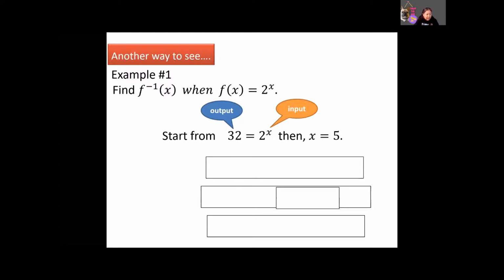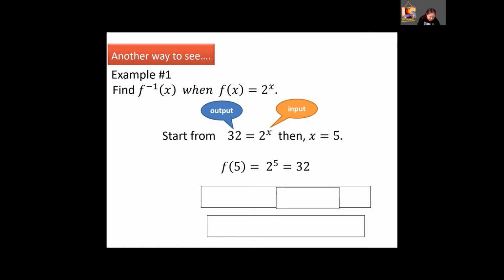Now I recognize 32 as the output and the power x as the input. So I can rewrite it in function notation here. You plug in 5, the 5 being the exponent, and the result that comes out is the output 32.